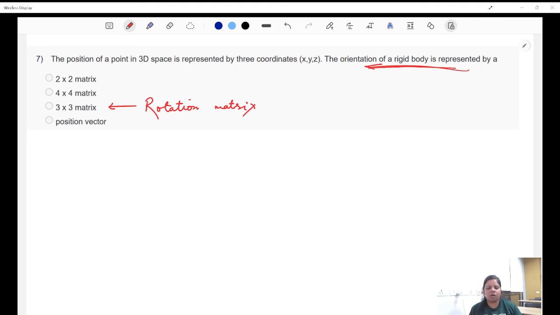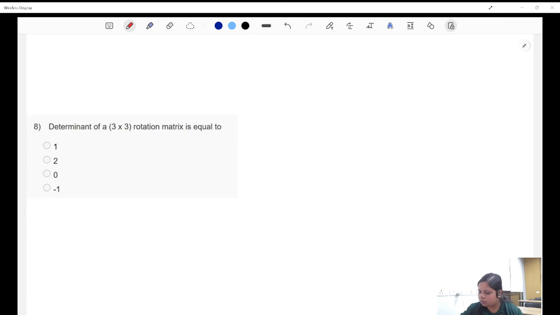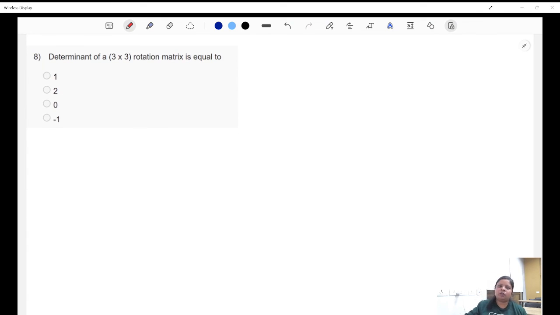It's just that you have to apply the transformation using this rotation matrix. That's all. Now, the determinant of a 3 cross 3 rotation matrix is equal to what?